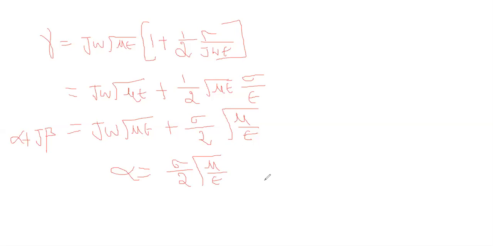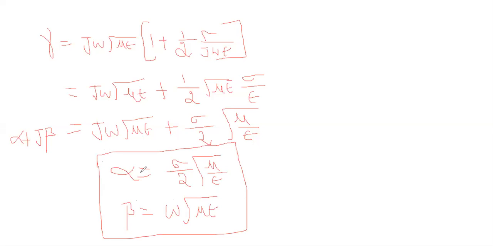Even though it is a dielectric, that is a practical dielectric, sigma is not equal to 0. And beta is the same, whether it is a lossy dielectric or a lossless dielectric; in the practical dielectric, beta is the same, omega root of mu epsilon. Alpha is not equal to 0 in the practical condition or the practical dielectric.